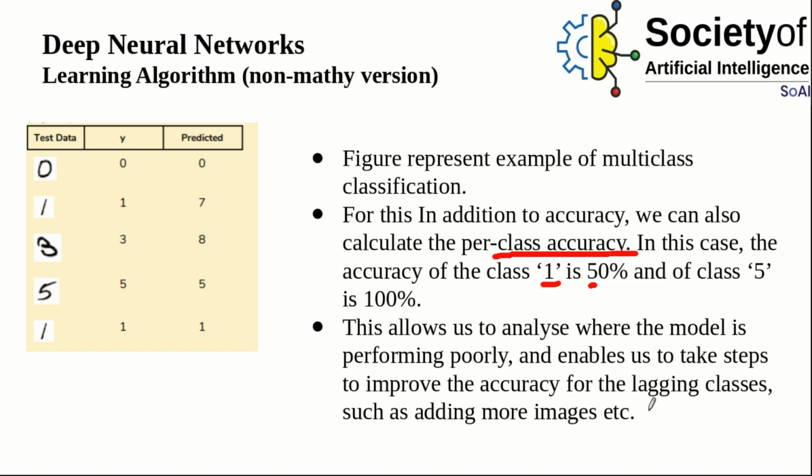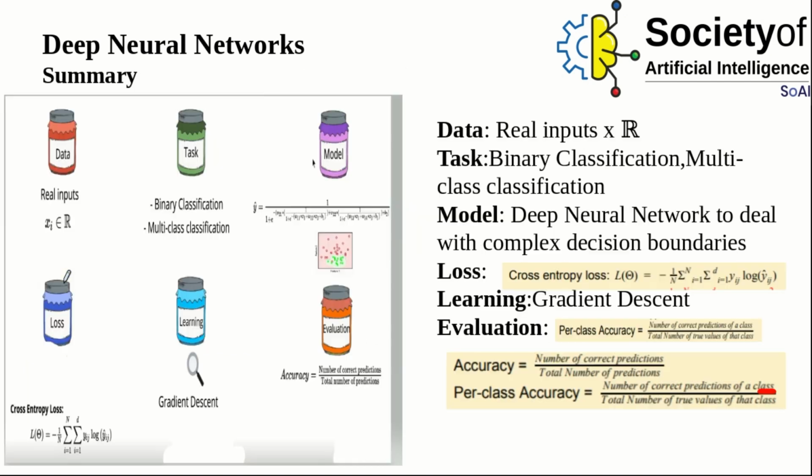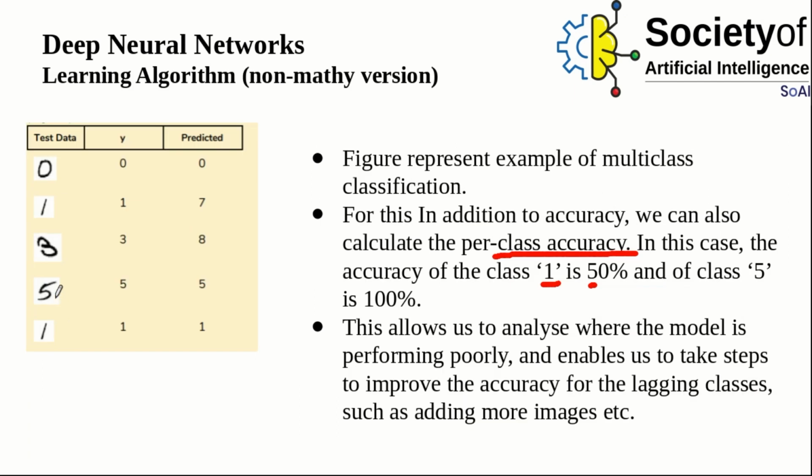In this particular example, if we take 3 as our class, the output was 3 and predicted was 8, so we can say that the accuracy is around 3 by 8, or 0.375, which is 37.5%, which is a bit low. Whereas in the case of class 5, y predicted and y output are both 5 and hence the accuracy is 100%, which is very good.